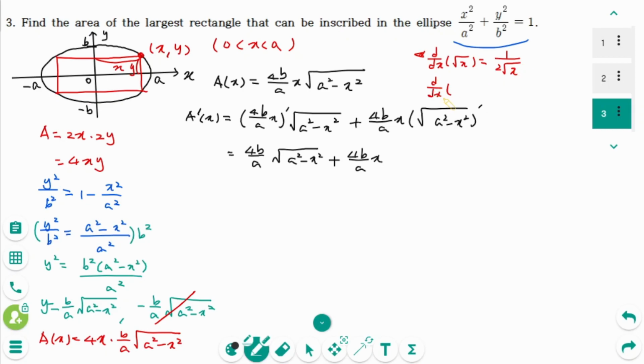Then d/dx of square root of u equals 1 over 2 square root of u times u'.